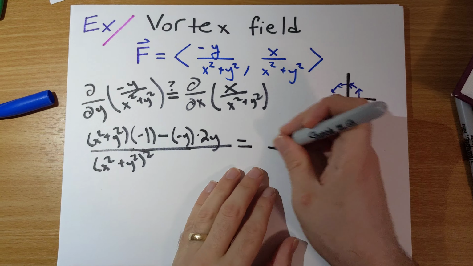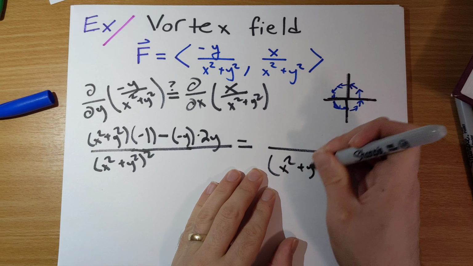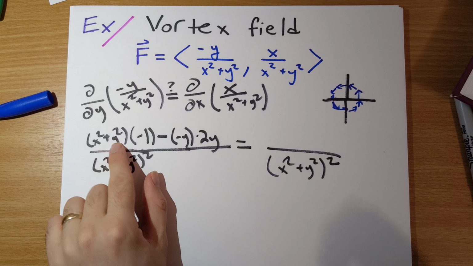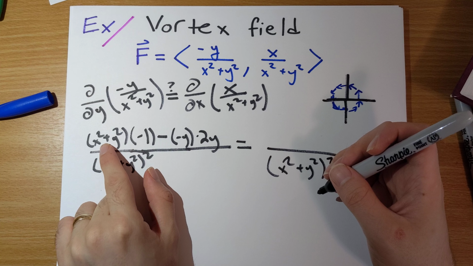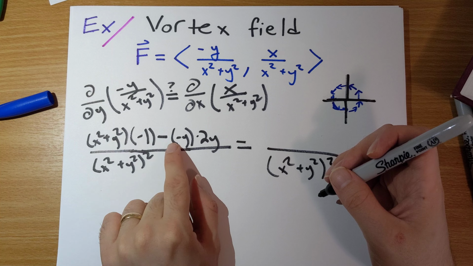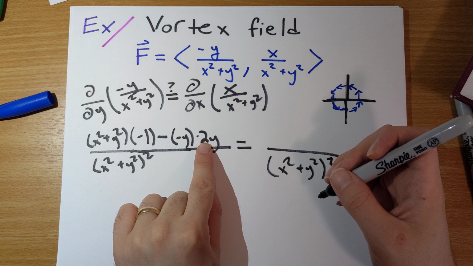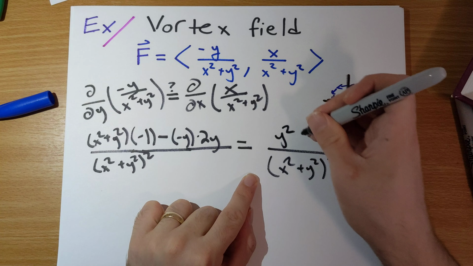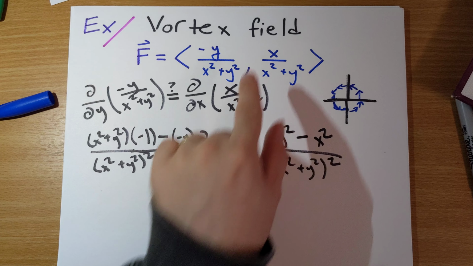And so we end up with x squared plus y squared quantity squared. Upstairs we have negative x squared minus y squared plus 2y squared. And so this ends up as y squared minus x squared.